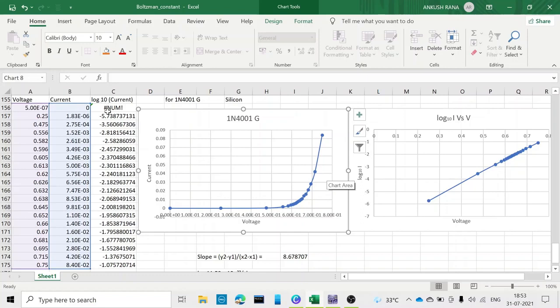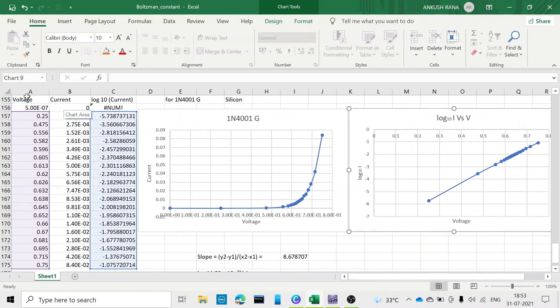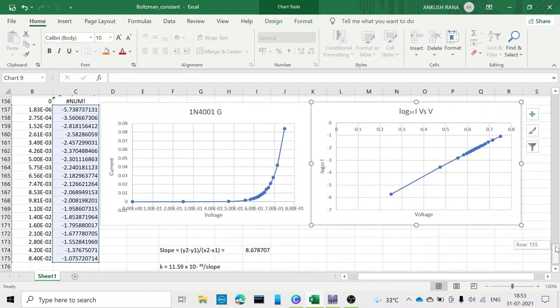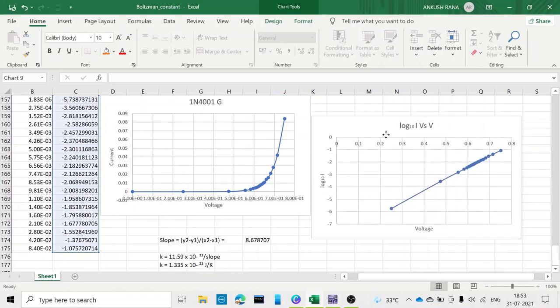And this is the graph between the voltage and the log base 10 of the current. So this is the graph that we want.